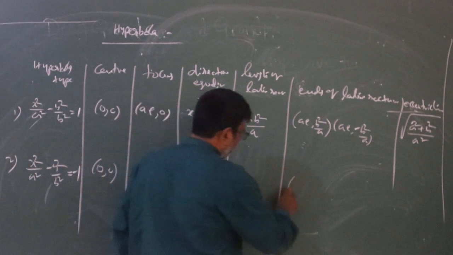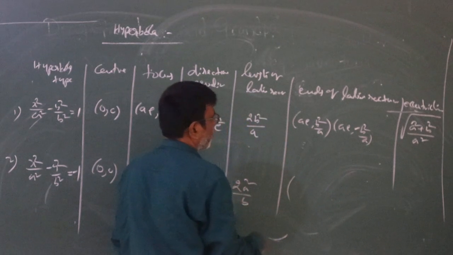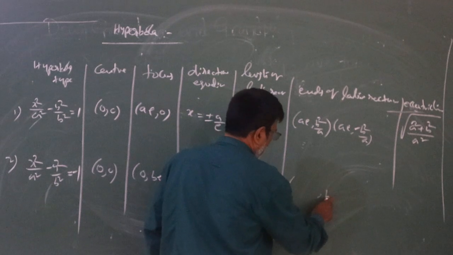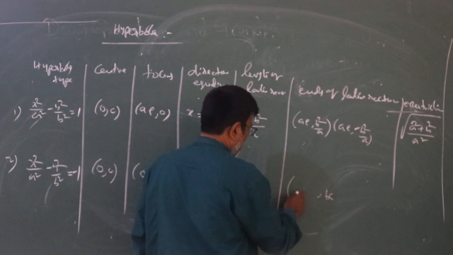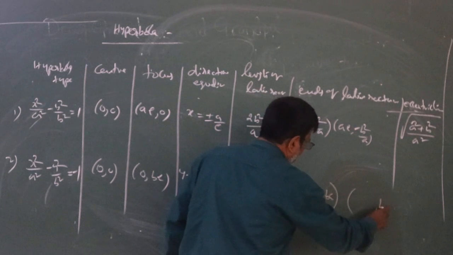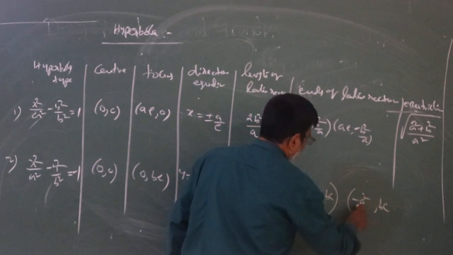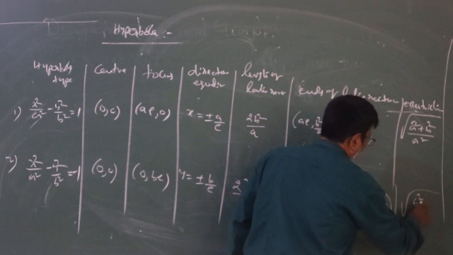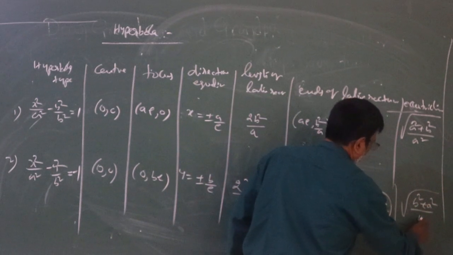This is to be changed like this. The ends are a square by b and minus a square by b, and the eccentricity is root over b square plus a square by b square.